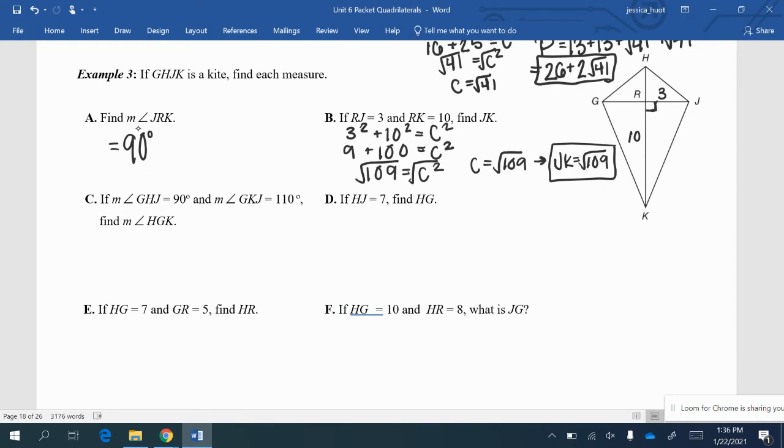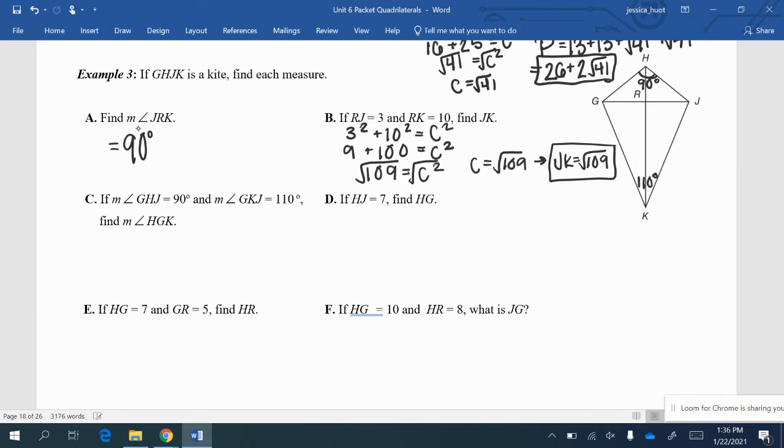If the measure of GHJ, so let me erase this on my picture, if the measure of GHJ, so this whole angle up here, is 90 degrees, and then GKH, so this angle down here, is 110 degrees.